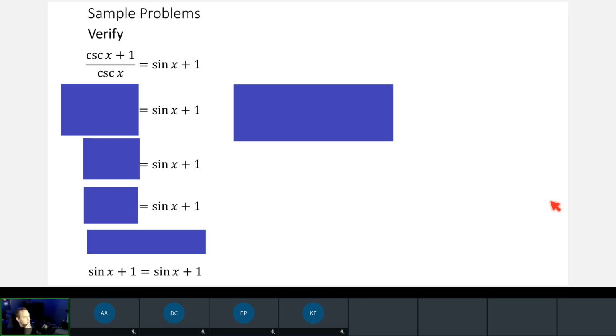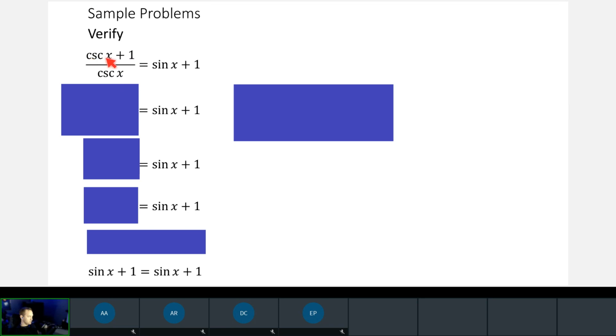1 over sine of x plus 1 over 1 over sine of x. Yep, that's one way to do it. Can we take out the cosecant? You can't. Remember, in order to simplify or cancel out these cosecants, every term in your numerator has to have the same factor.